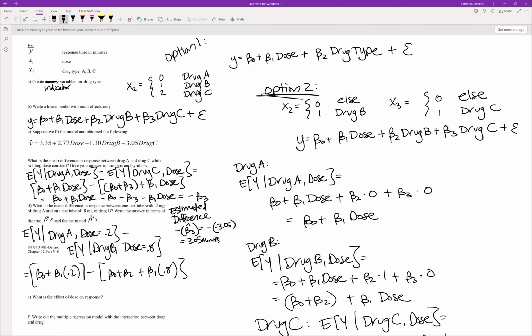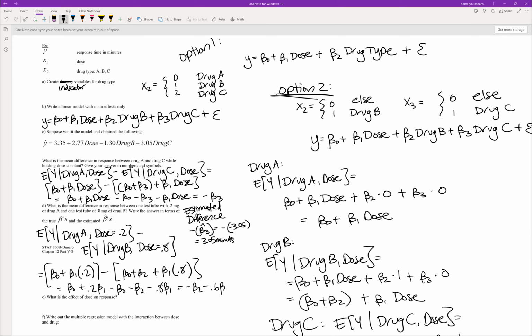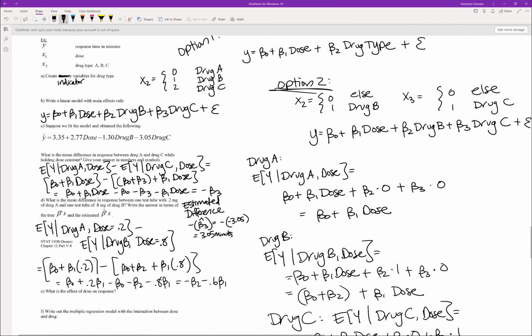All in all, we get beta 0 plus 0.2 beta 1 minus beta 0 minus beta 2 minus 0.8 beta 1, right? So we're going to end up with negative beta 2 minus 0.6 beta 1, right? Okay, in terms of the estimated beta hats, right?